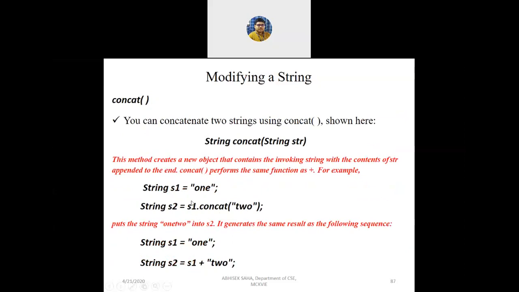So if string s1 consists of the string 1, and I write s2 equal to s1.concat(2), that means 1 concatenated with 2, and it will return into another string, because, again I am telling, a string object is immutable. This gives you the same result. It is equivalent to the code s1 plus 2.